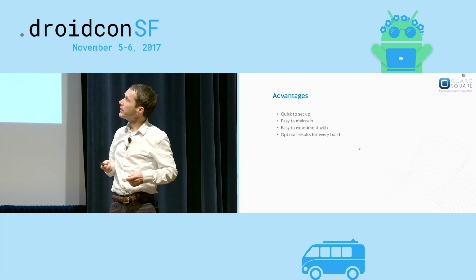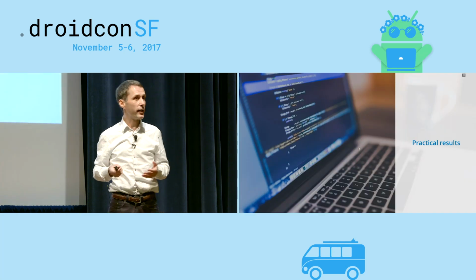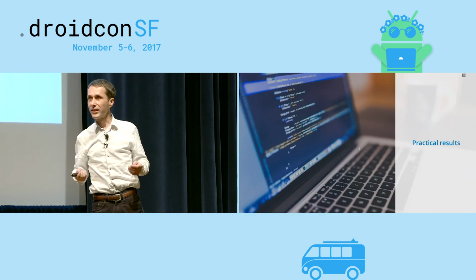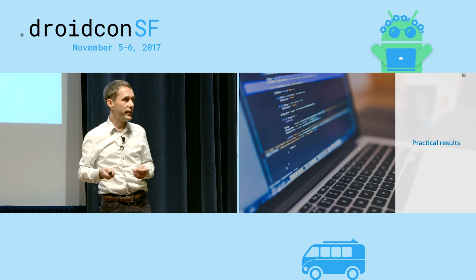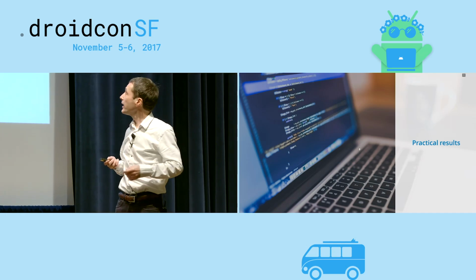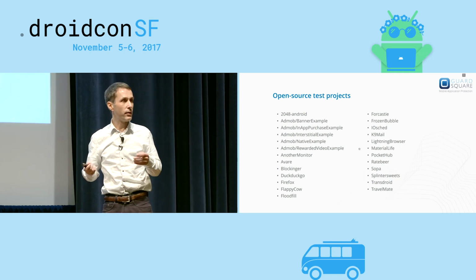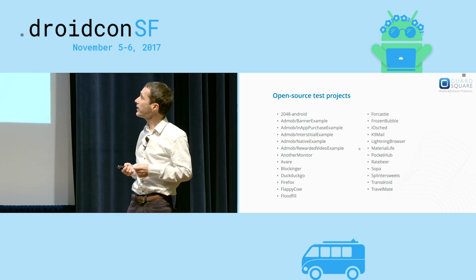So yeah, these are the advantages that I already mentioned. So at that point, we had a new toy, so we had to play with it. And to do that, we downloaded 25 open source projects quite randomly. I think these are the ones. The largest one is Firefox, which is 37 megabytes, I think.